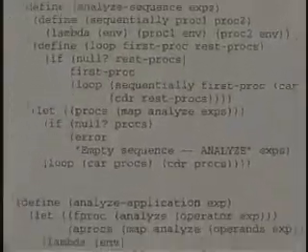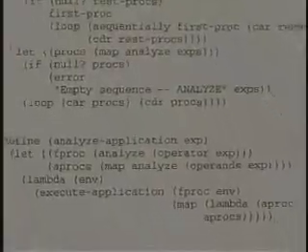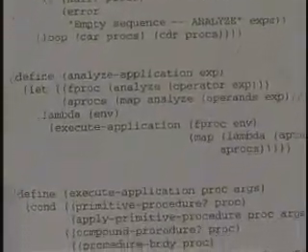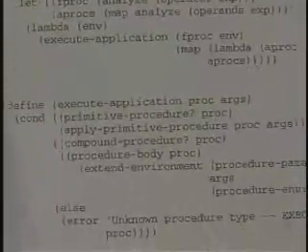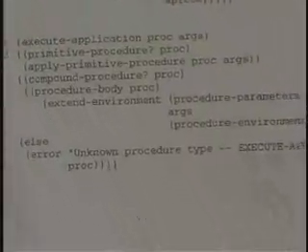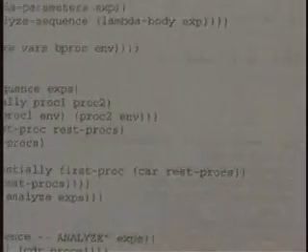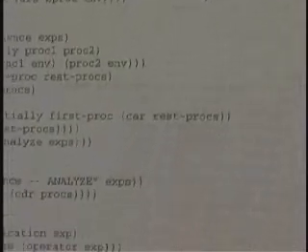So basically, analyze sequence is going to go through, and actually we only have how many expressions in our body? One. Just the if. So, analyze sequence, which is underneath analyze lambda.